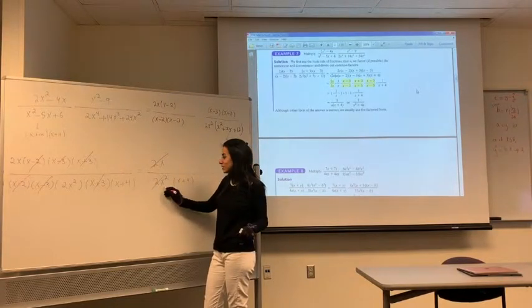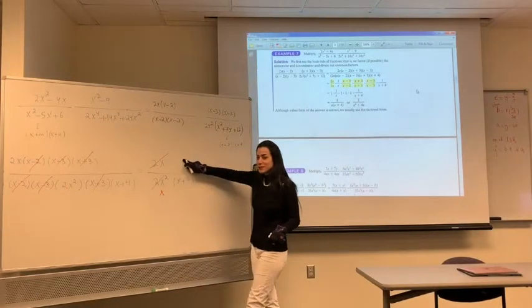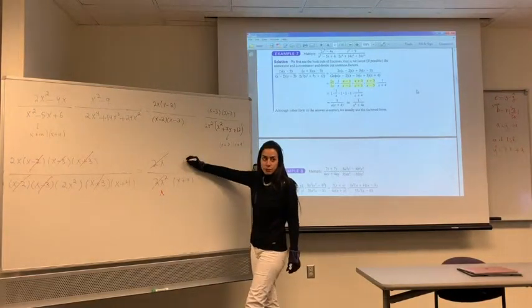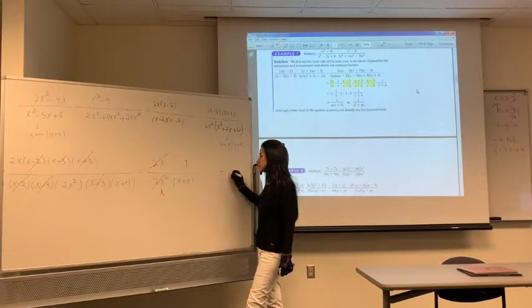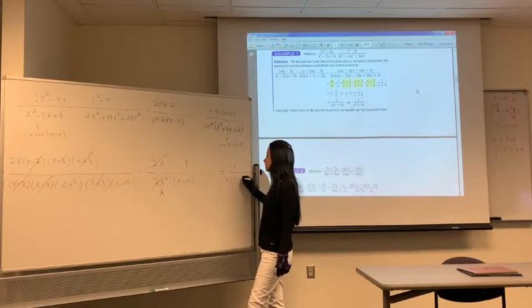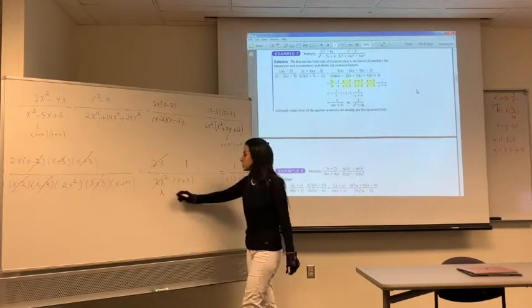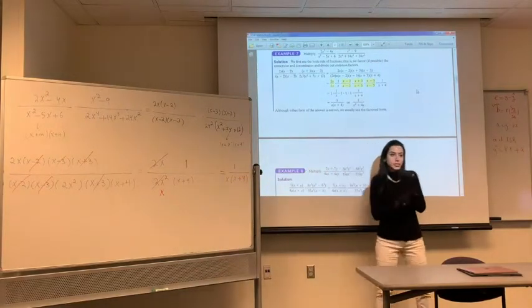What remains here? Just 1x remains, right? So what remains in the top part? 1. So 1 divided by x multiplied by x plus 4. Okay? Yes.